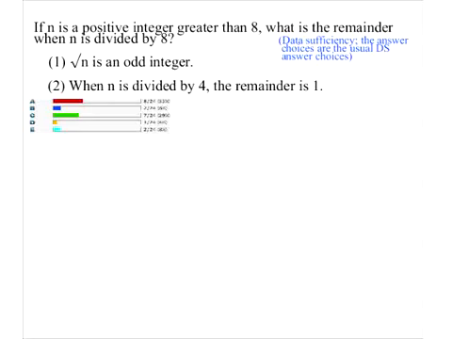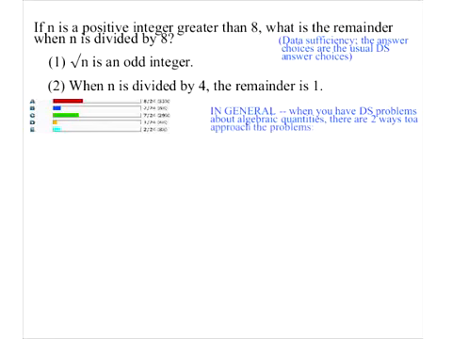In general, when you have data sufficiency problems about algebraic quantities, there are 2 ways to approach the problems. The first way is to actually use algebra or mathematical theory, or what one might more generally call textbook methods.